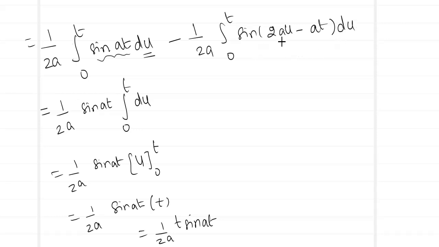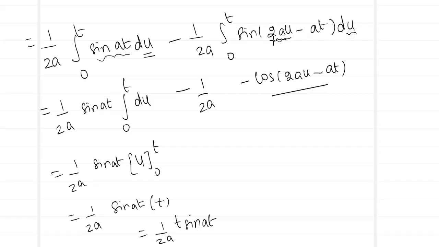Now, this sine contains a u inside and hence becomes a function of the variable of integration u. Hence, on integration, we have this to be equal to sine theta on integration gives you minus cos of 2au minus at divided by the coefficient of u.